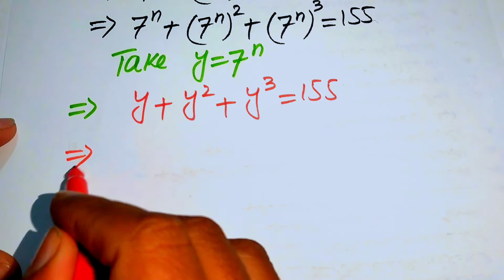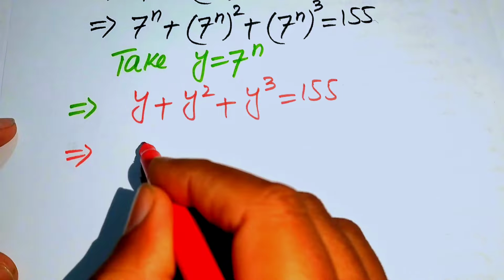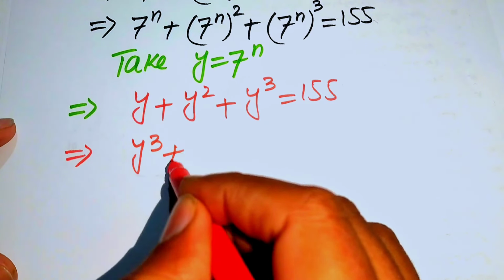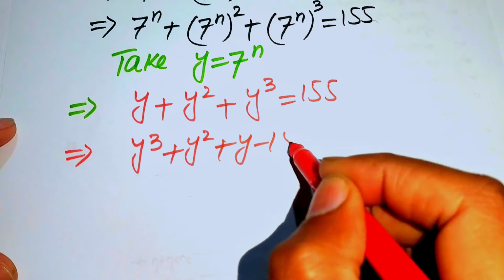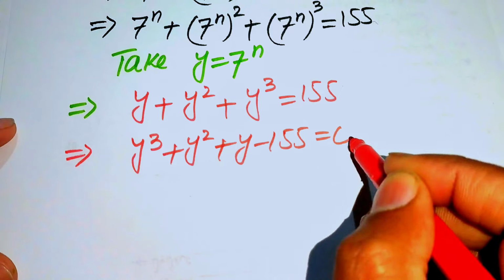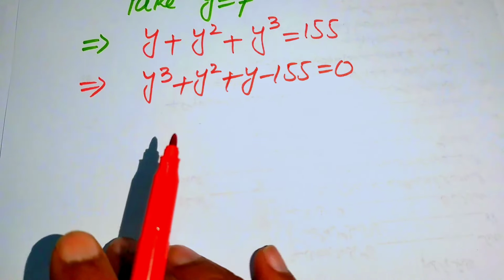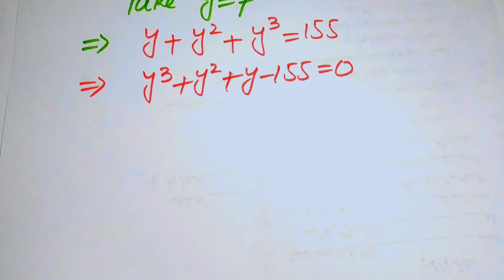Now we rearrange the equation and move the 155 to the left hand side: y cubed plus y squared plus y minus 155 equals 0. So it becomes a cubic equation, and we can solve it by using synthetic division.